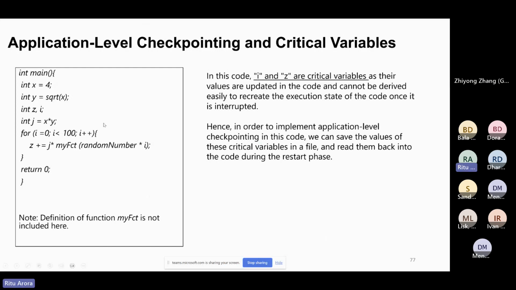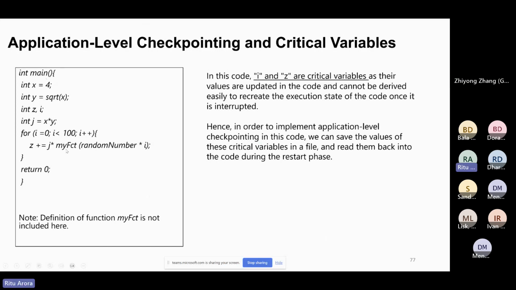Let's take a look at the code on the right side of the slide. It's a very simple code. It's int main, int x is equal to 4, int y is equal to square root of x, int z, comma i, int j is equal to x multiplied by y. For i equal to 0, i less than 100, i plus plus, then we have z equal to z plus j multiplied by myFCT, and it takes a random number multiplied by i. And then we return 0.